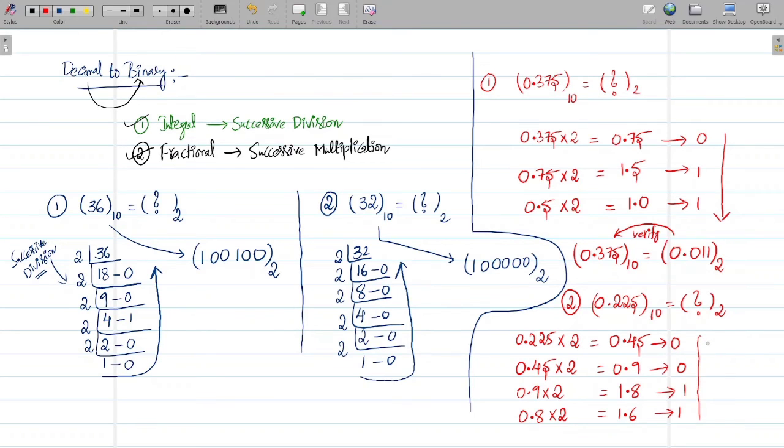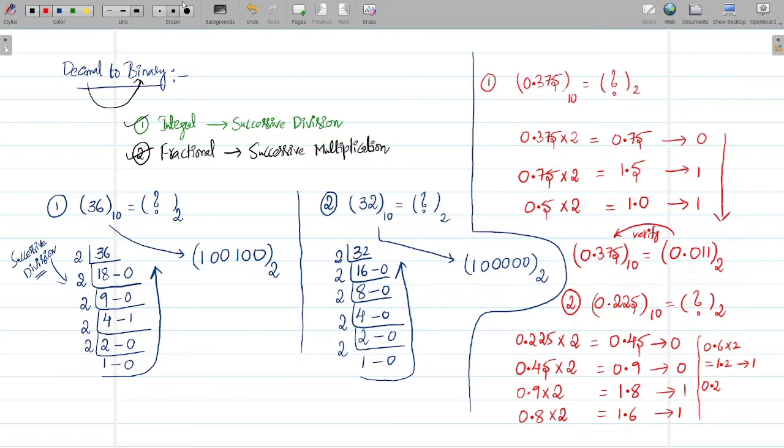Let me write with small letters here. 0.6 into 2 is equal to 1.2. So write 1 separately and you are left with 0.2. Okay, so it is not stopping anywhere, and I am comfortable if I have the digits after the radix point up to 5.